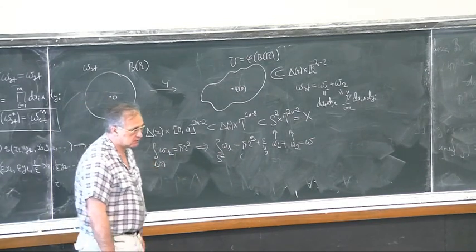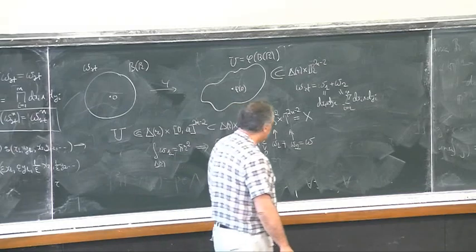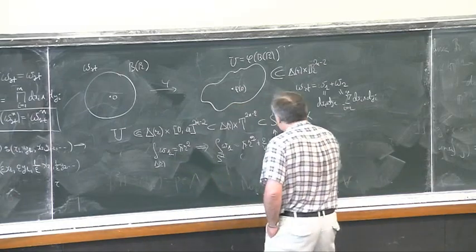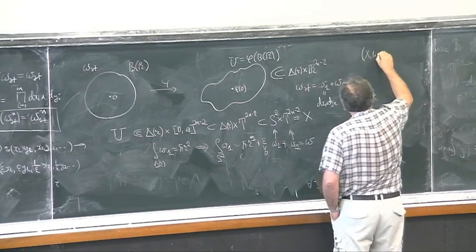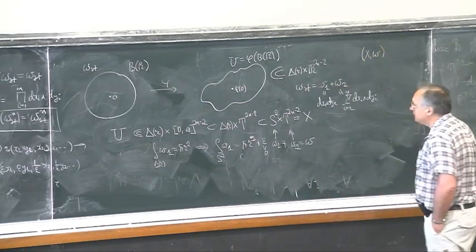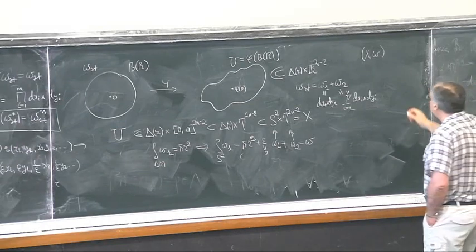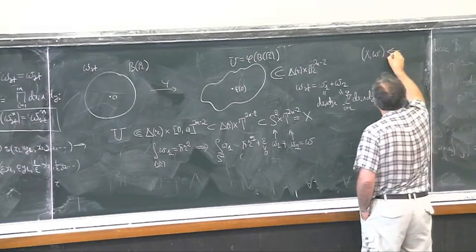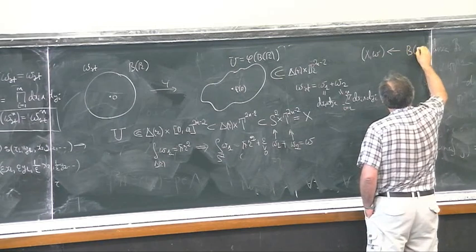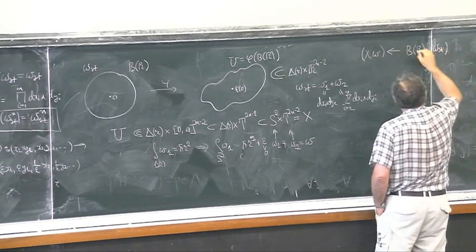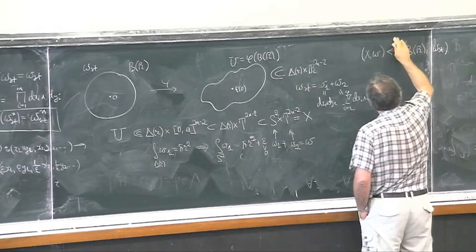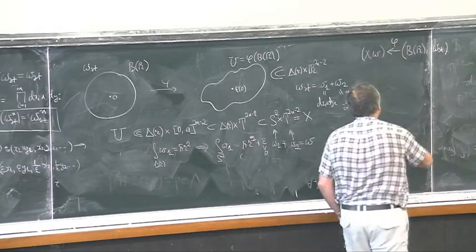So the sum is closed and nowhere degenerate. So we got a compact symplectic manifold, and we have a symplectomorphism from the ball with the standard symplectic structure, a symplectic embedding into this symplectic manifold.